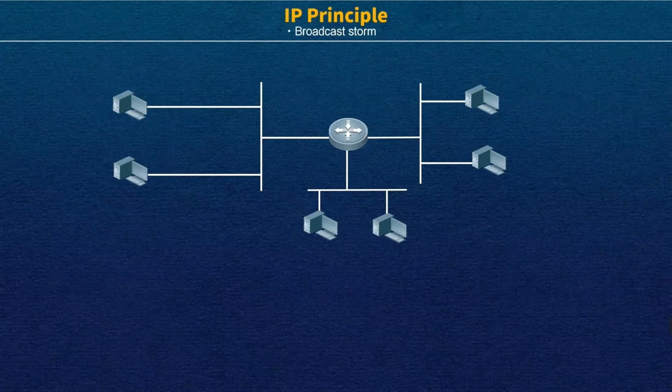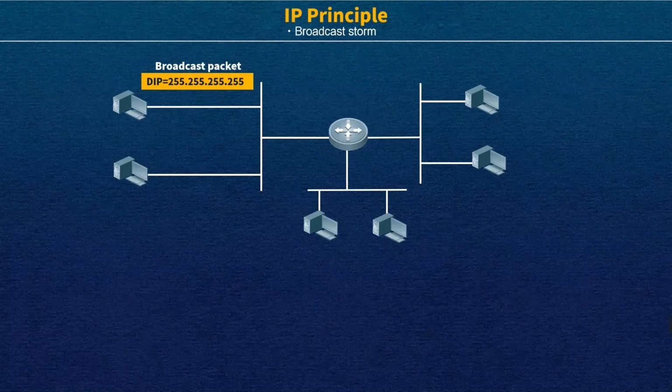But pay attention. If one switch sends out a broadcast packet, that means the destination IP address will become 255.255.255.255. Do you still remember? This is a special IP address in your network, and this is the whole broadcast packet.